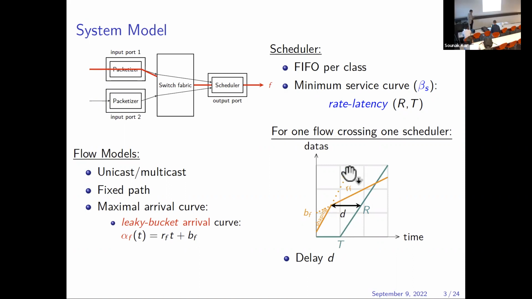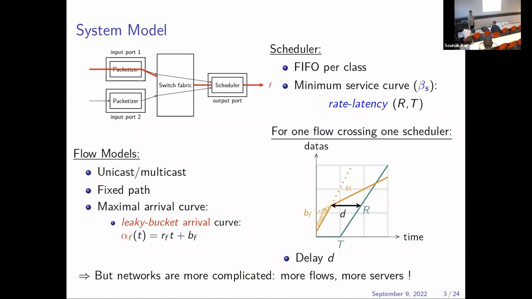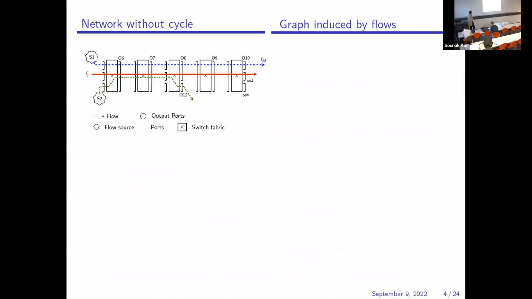But networks are more complicated because there are several flows on a server.